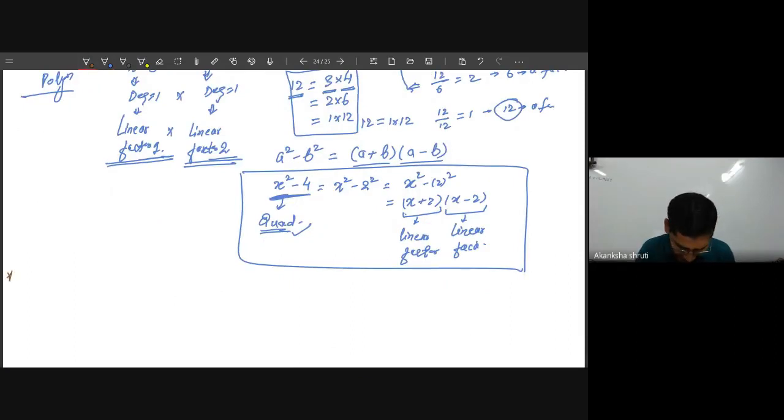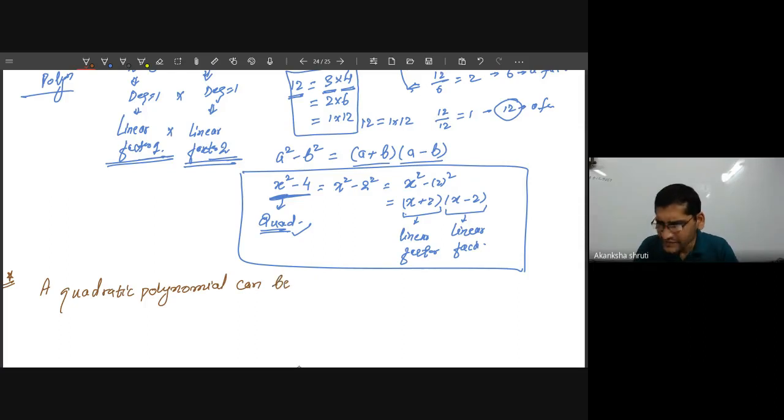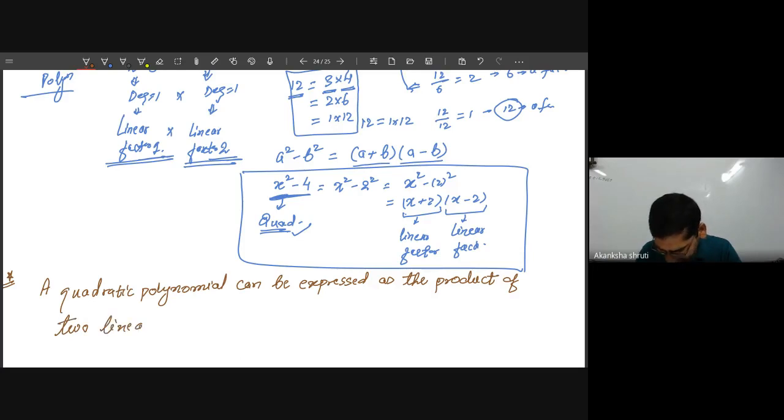The notable point is that a quadratic polynomial can be expressed as the product of two linear factors.